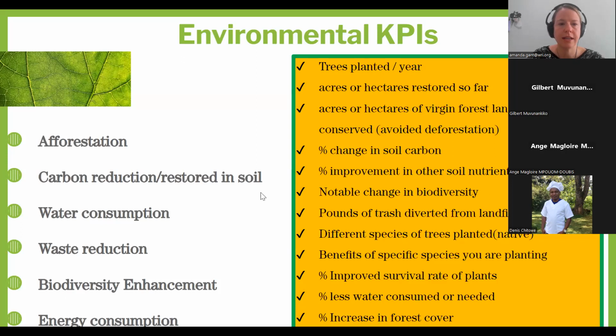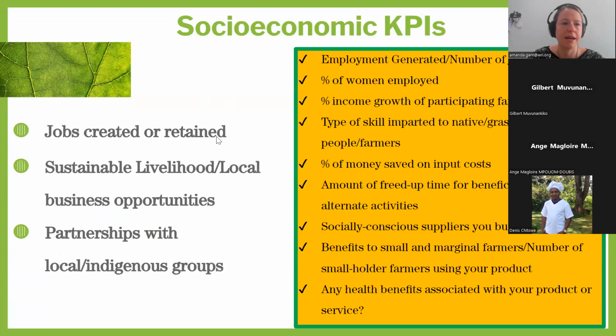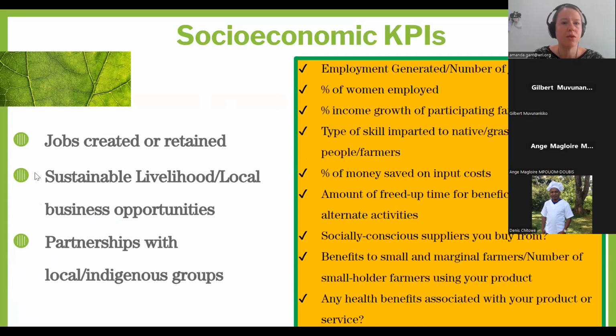So let's go to the next slide and see some more examples of KPIs. I hope you can read these while I'm chatting. Again, tons of potential key performance indicators on the social economic impact of your business. We're talking about how many jobs you are creating for your community. What's the percentage of women employed? What's the percentage of youth employed?